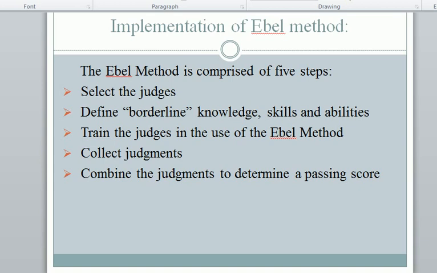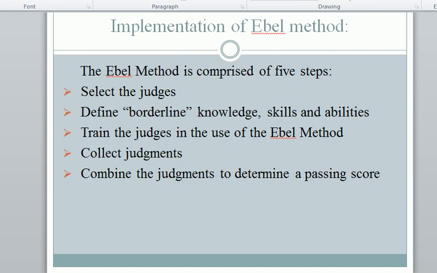Dear students, now I will discuss the implementation steps of the Ebel method. I have discussed in detail in my previous lectures the steps of standard setting methods.